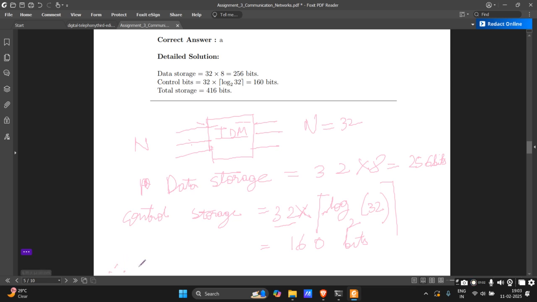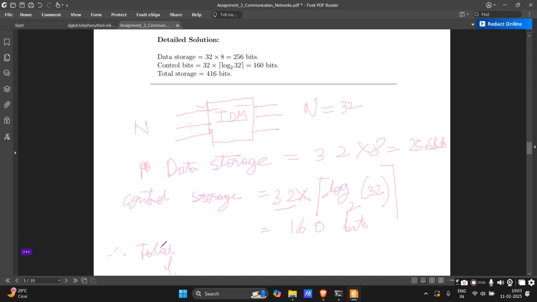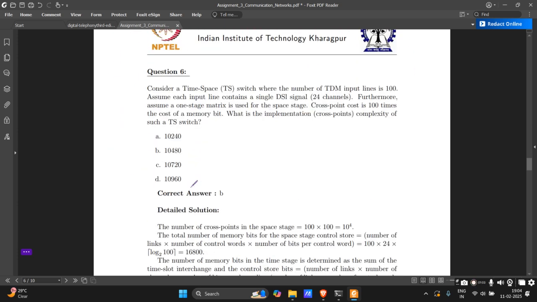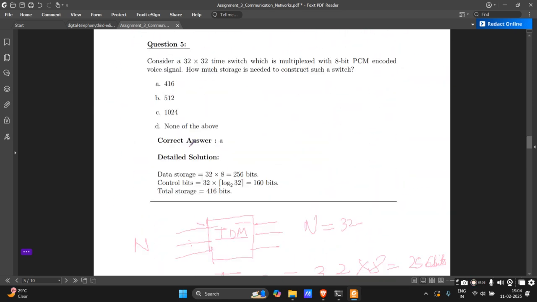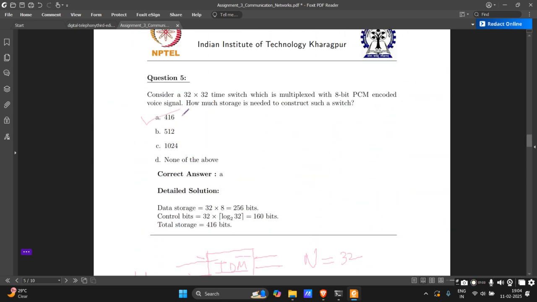Therefore total storage is equal to 160 plus 256 bits, which is 416 bits. So the correct answer will be 416, option A.